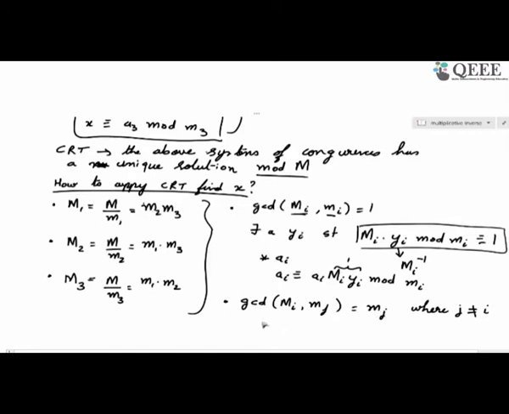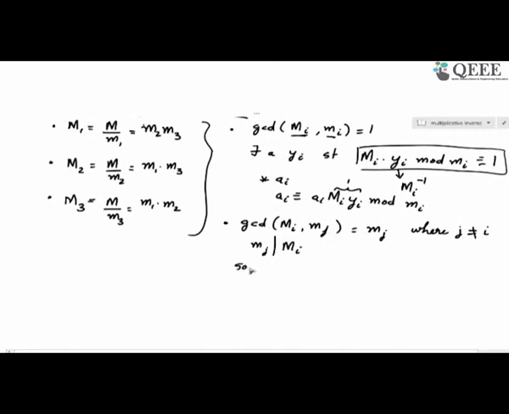So we have that mj divides capital Mi. So in other words, 0 is congruent to ai Mi yi mod mj.